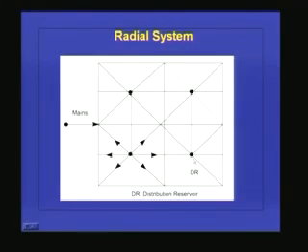The last type of system I want to show you is the radial system. In the radial system, the main will come here and then it will be connected to the four distribution reservoirs that I am showing here. There is a distribution reservoir here, here, here, and here.